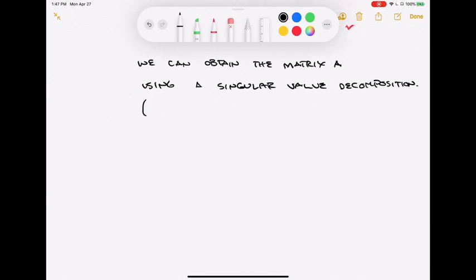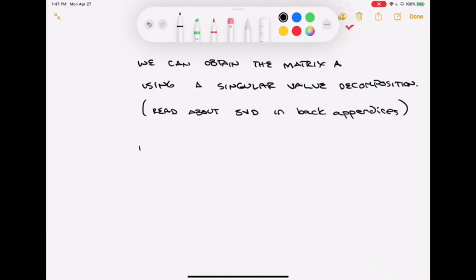You can read about these singular value decompositions, sometimes called SVDs, in the back appendices of the book. They have a big discussion about these SVDs and some of their properties, and I'd give you a little encouragement to do that.